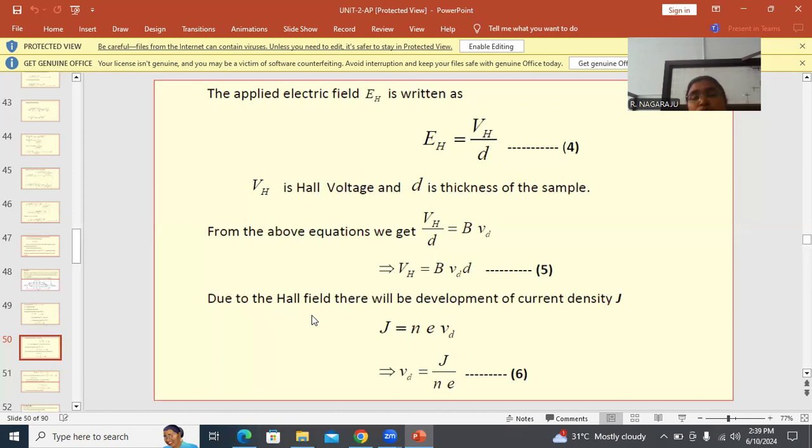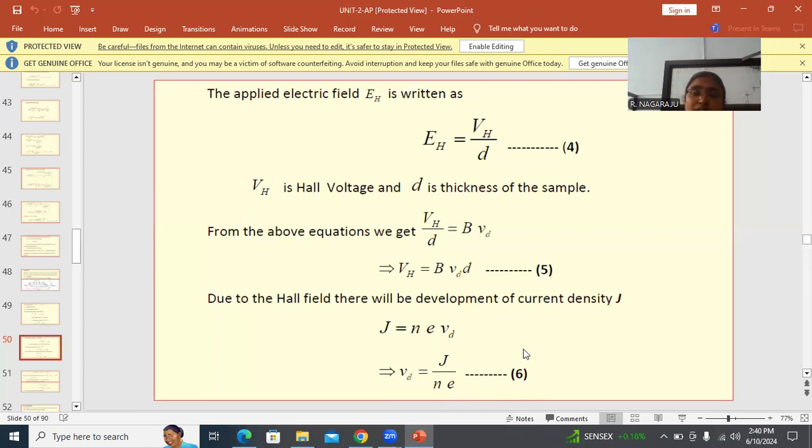Due to the Hall field, there will be a development of current density, denoted by J. So J is equal to n e vd, and vd is equal to J by n e. We got the drift velocity, that is equation 6.